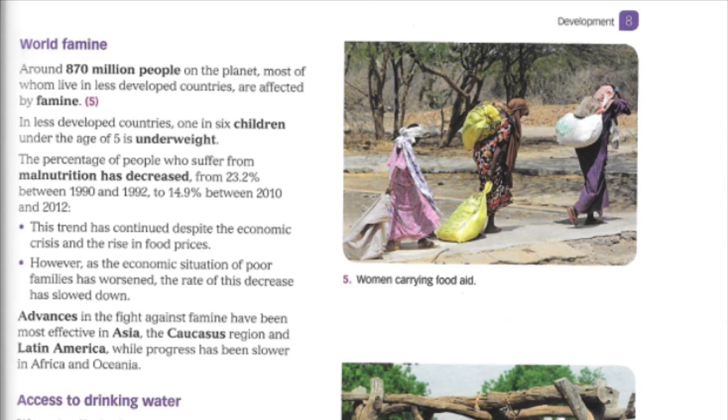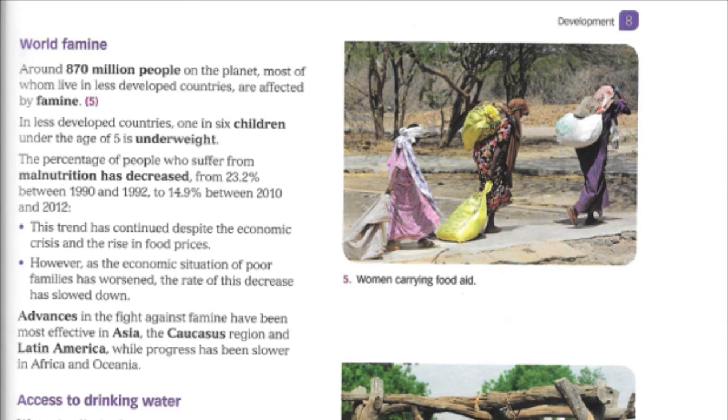The percentage of people who suffer from malnutrition has decreased from 23.2% between 1990 and 1992 to 14.9% between 2010 and 2012. This trend has continued despite the economic crisis and the rise in food prices.